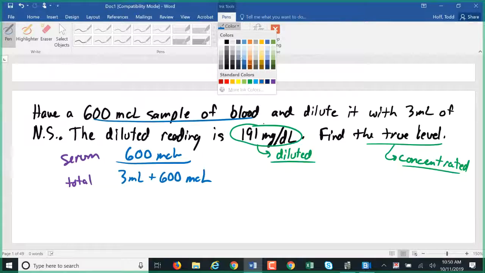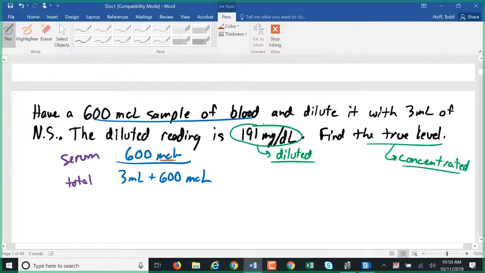Of course, the issue we run into is the units are different. I either have to change all the microliters to milliliters or the milliliters to microliters. I'm going to go ahead and change my milliliters to microliters. 3 milliliters is how many microliters? To get from milli to micro, there's 1,000 microliters in a milliliter, so 3 milliliters is 3,000 microliters.